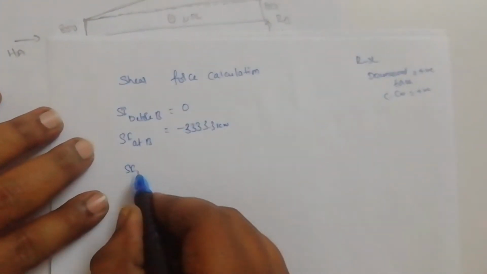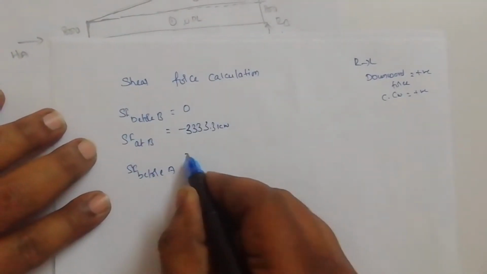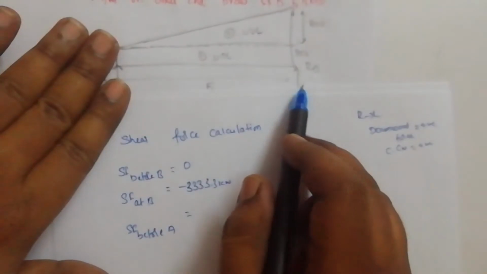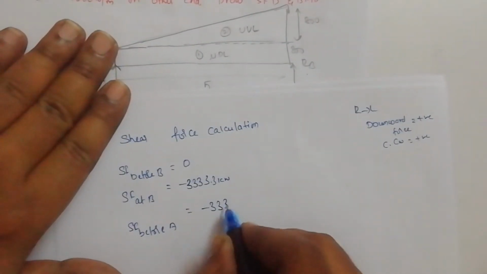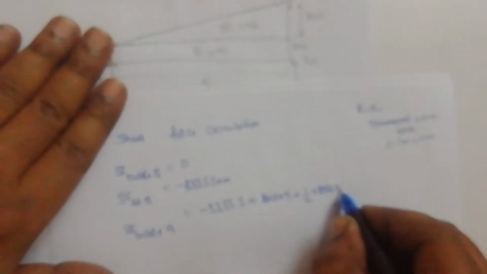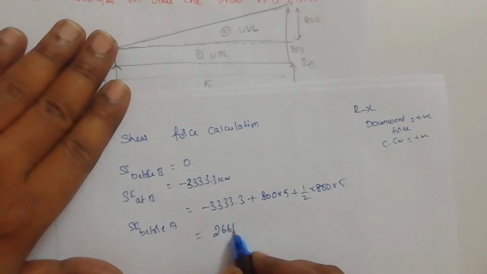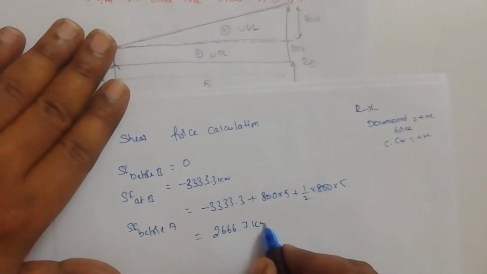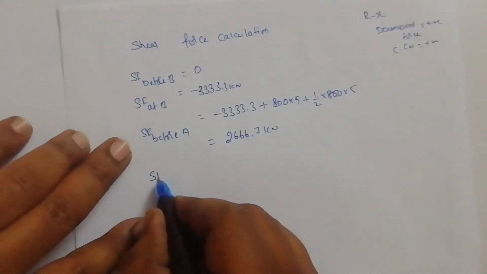Next is shear force before A. Before A we have minus 3333.3 plus, because of the UVL, 800 into 5. So you will get this answer as 2666.7 kilonewton. So shear force before point A is 2667.